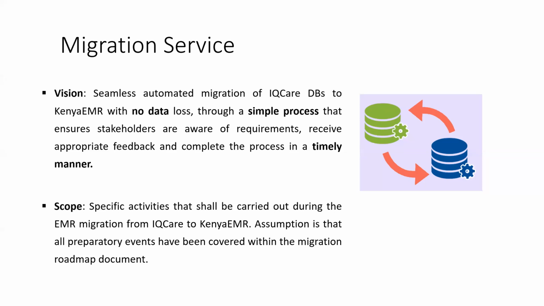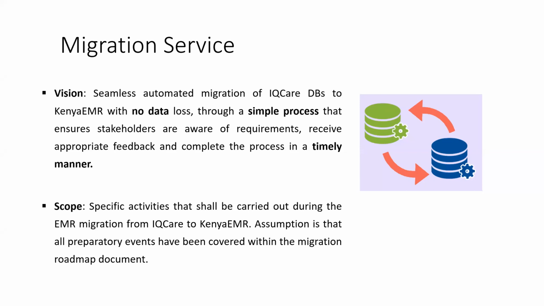The scope of this whole service entailed all the processes that were to be carried out within the migration process. And assumptions were made about the migration roadmap, which was an internal document that was guiding the entire roadmap from the time we started early this year to the time it ended last month on the 21st.